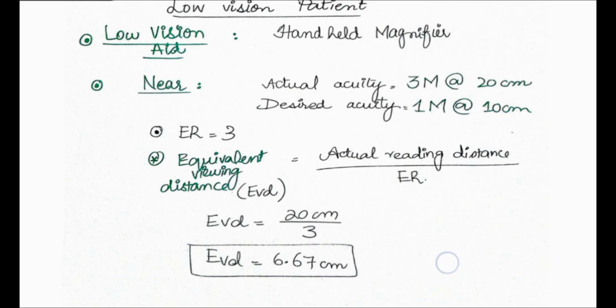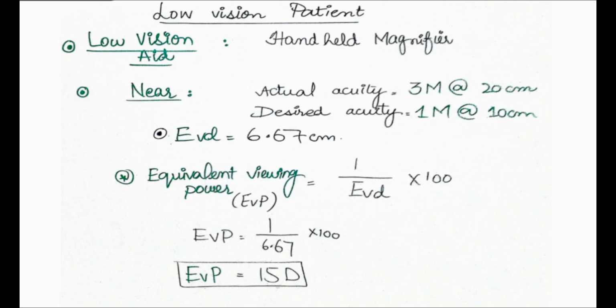So that is 6.67. Now you can put it into the equivalent viewing power, which has the formula EVP equals 1 over EVD into 100. You just put the EVD value into it, so EVP equals 1 over 6.67 into 100, which equals 15 diopters.